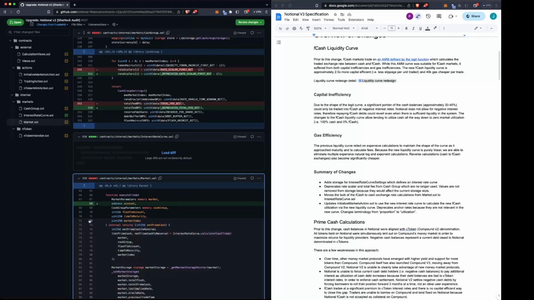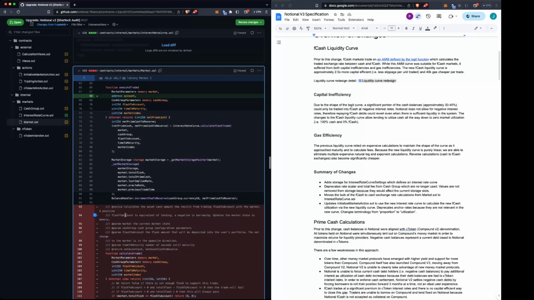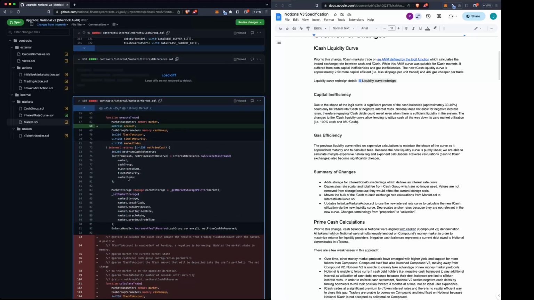One thing to note when you look at the execute trade function, which is the primary entry point for the rest of the contracts, is that the input parameters really don't change here. We're taking an additional account address, but that's mainly to ensure that events are properly emitted.